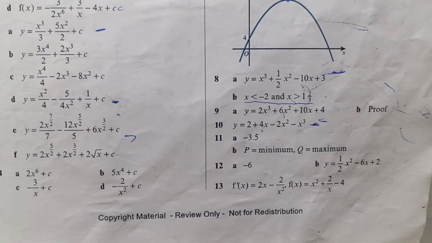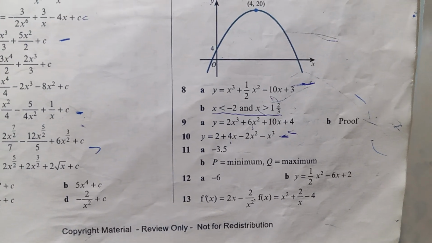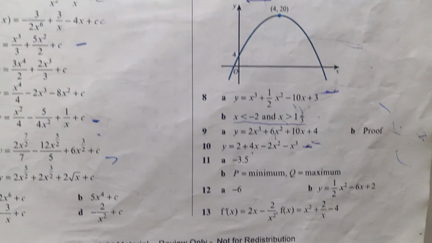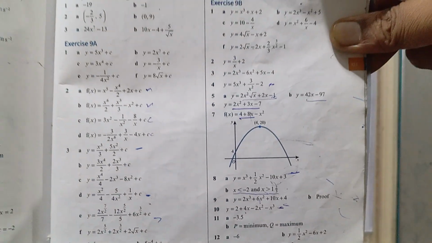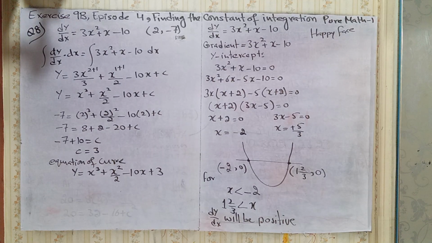You can see x is less than −2 and x is greater than 1 2/3, and the equation of the curve is y = x³ + x²/2 − 10x + 3. So this is the answer. I hope this question number 8 of Exercise 9B is clear to you.